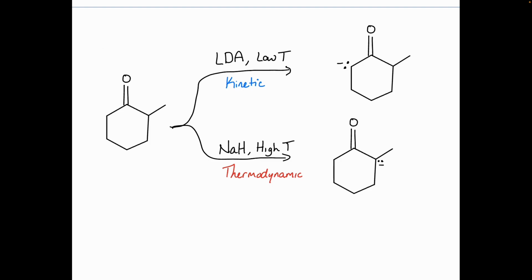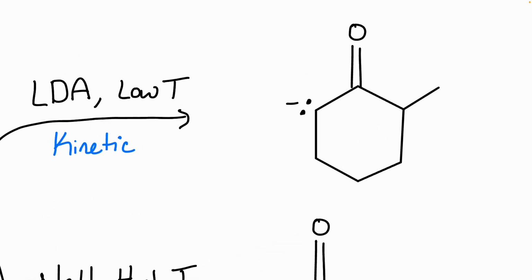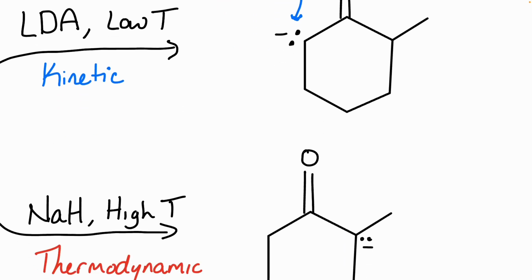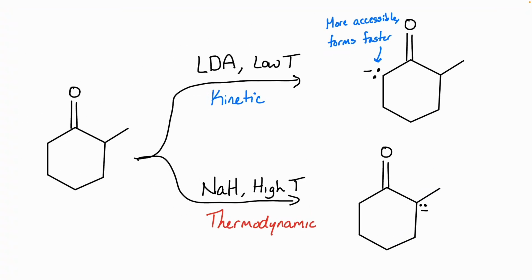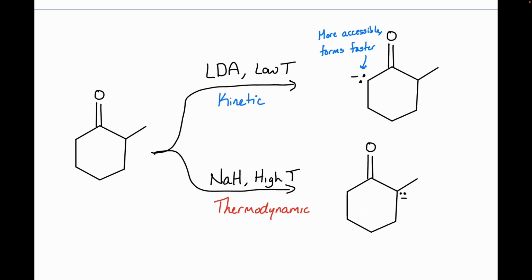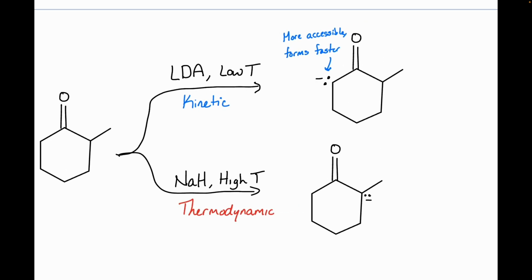To be clear, this is our kinetic product because this is more accessible to our bulky base, so it forms faster. That's what the kinetic product is, the one that forms the fastest. Why is this one the thermodynamic product? I want you to show me using that other resonance structure for my enolate ion.